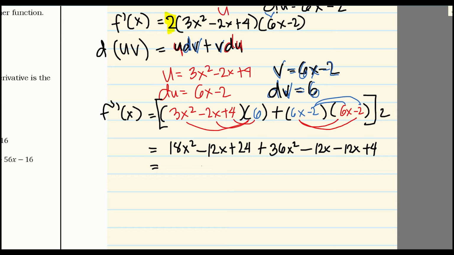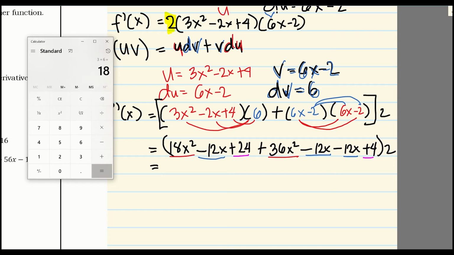And then we have, don't forget to multiply by 2. So let's underline this so we can have it very clear. So 18x cubed plus 36, I mean x squared.